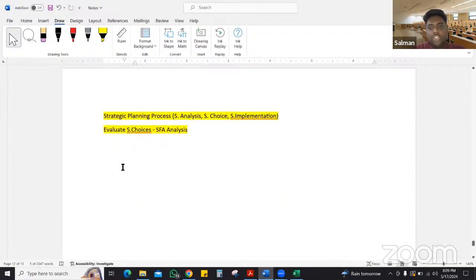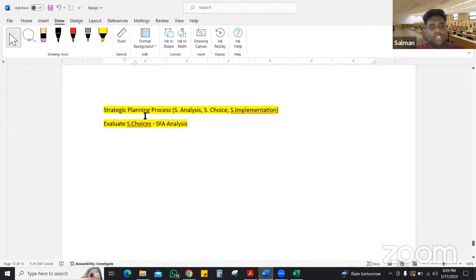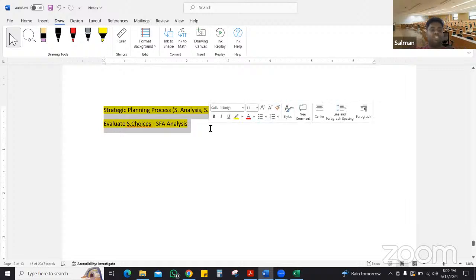And as I usually tell my students, always keep these two models in mind: the strategic planning process and evaluation of strategic choices. Now, in the exam, if they give you facts on establishing an academy, should you recommend it or not?